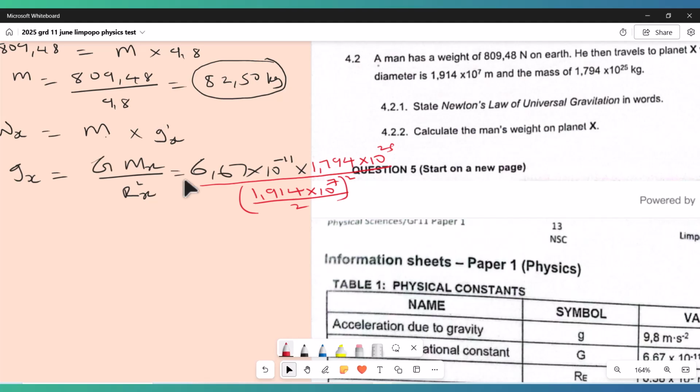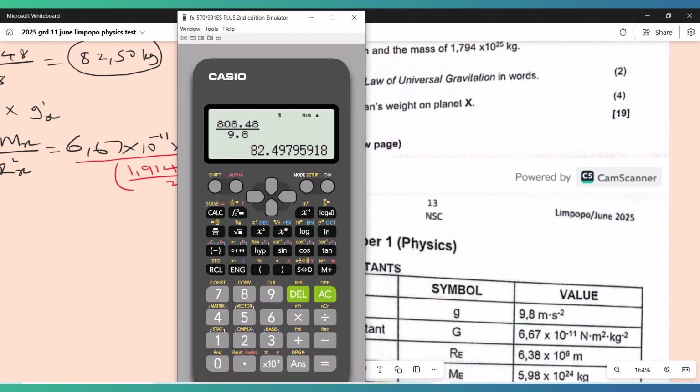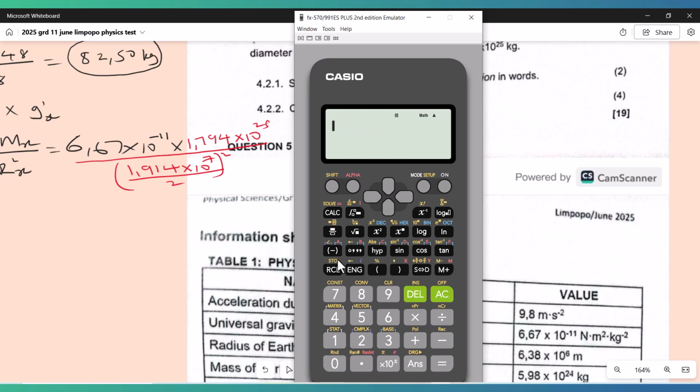So let's check it with the calculator. We have 6,67 times 10 to the power negative 11, multiplied by 1,794 exponent 25, divided by 1,914 exponent 7, divided by 2 to give us the radius.